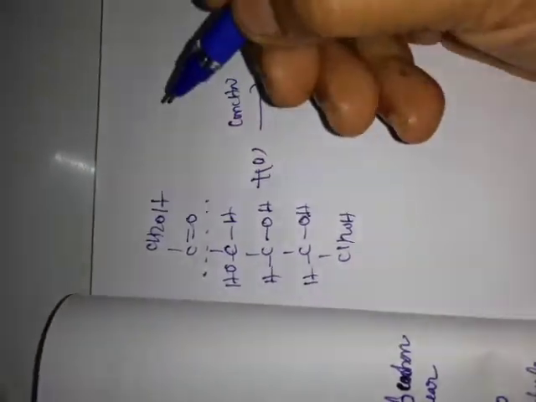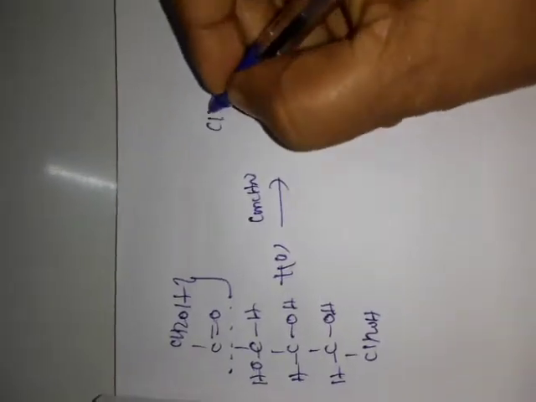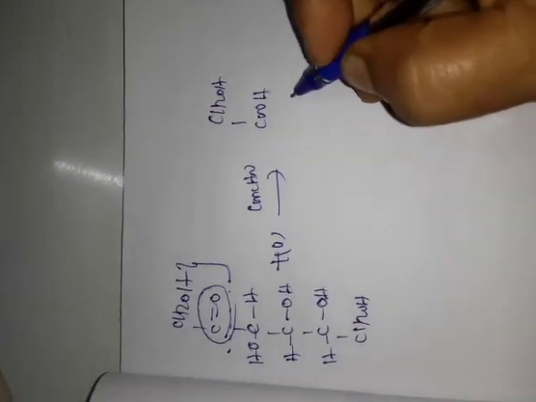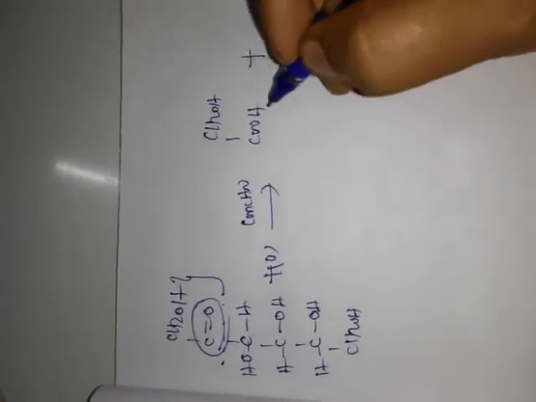On oxidation with nitric acid, assume that the bond breaks here. So from these 2 atoms we are getting CH2OH and this CO group oxidized to COOH group. This is glycolic acid, having 2 carbon atoms.